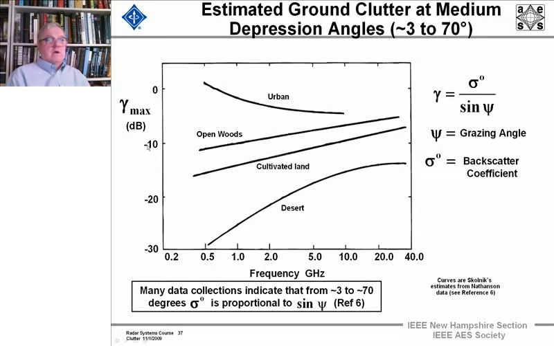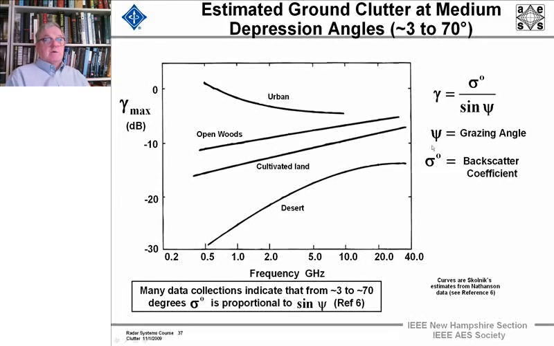how the quantity gamma, which is the cross-section per unit area divided by the sine of the grazing angle. And it's well documented, as you can see in reference 6, that sigma 0 is proportional to the sine of the grazing angle in this region.